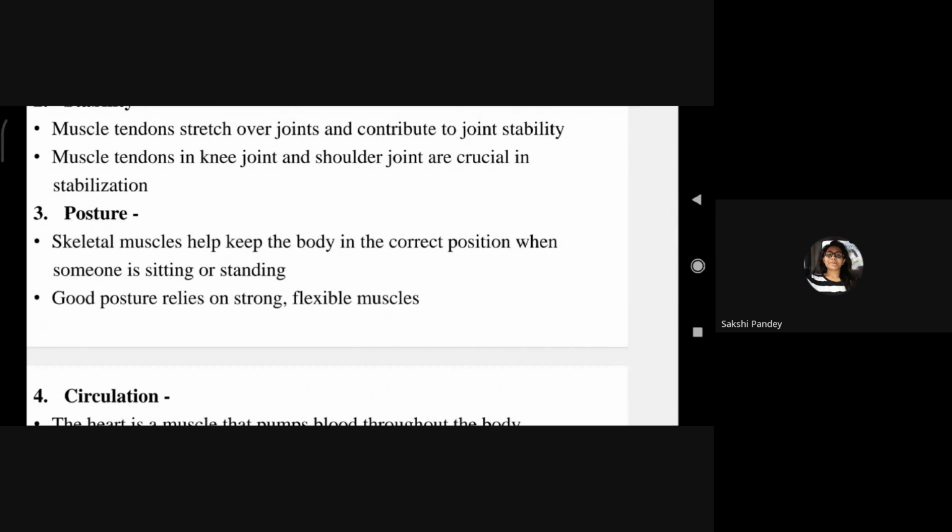We will always be in the comfort zone in which we are habituated. So the strength and flexibility of muscles are very important for maintaining good posture at any point of time for any purpose.